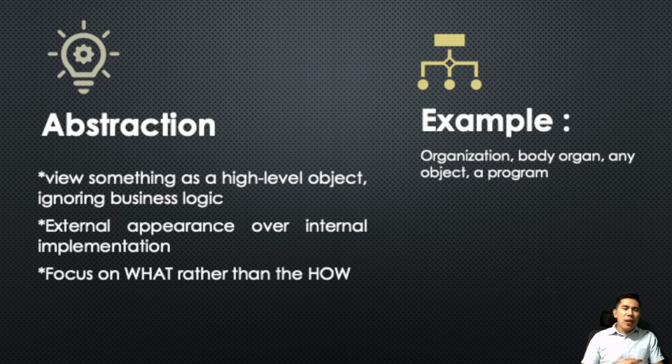Also in programming, for instance, a mouse is a pointing device. All we need is its functionality, how to use it, rather than focusing on what it is made up of. It doesn't really matter.